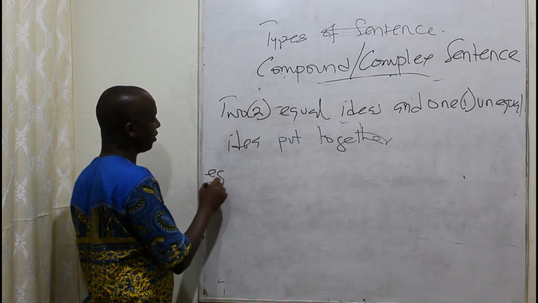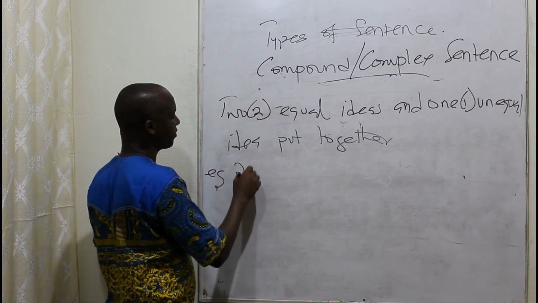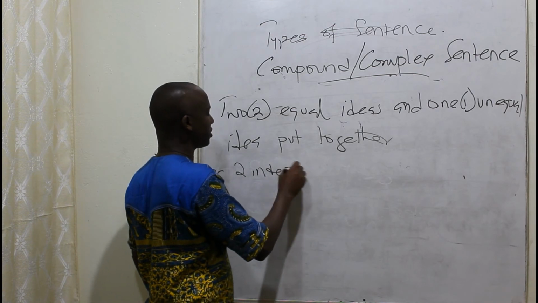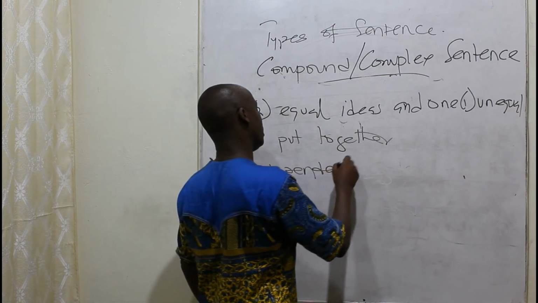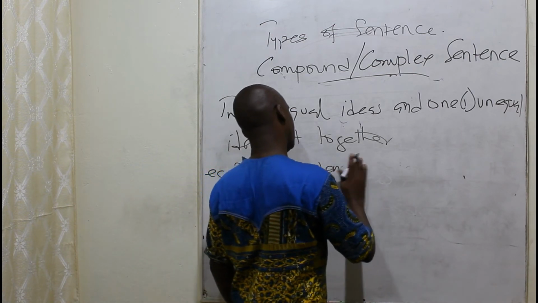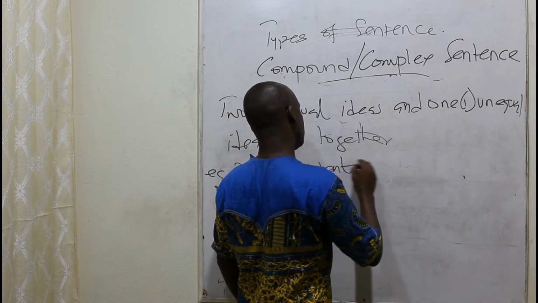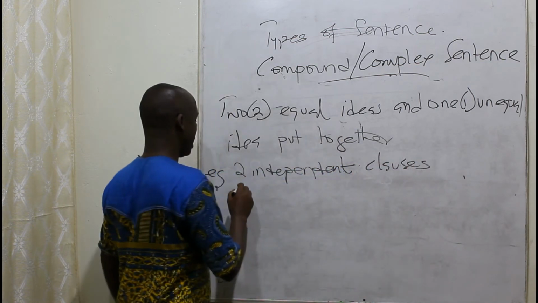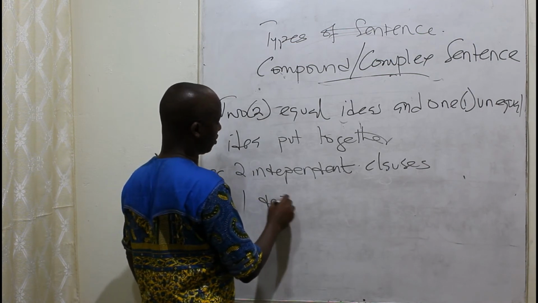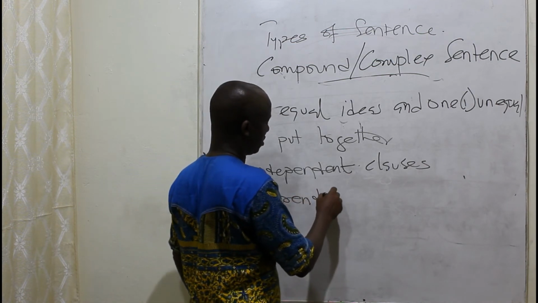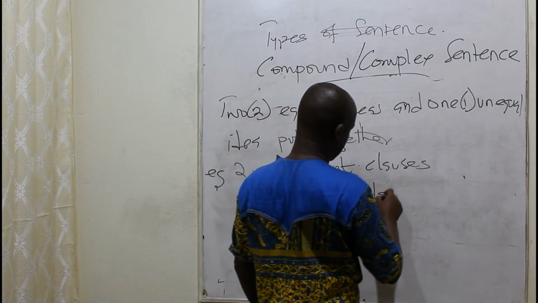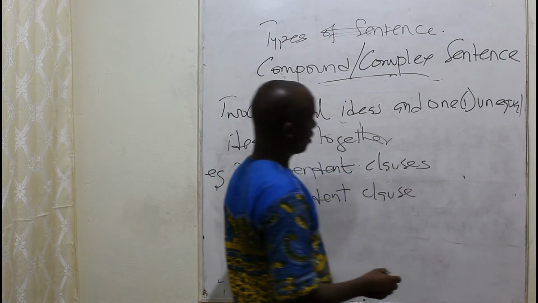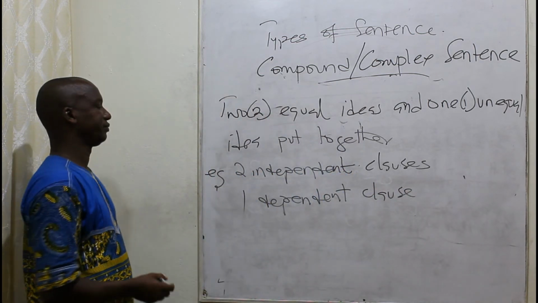Meaning, for example, you have two independent clauses and one dependent clause put together.